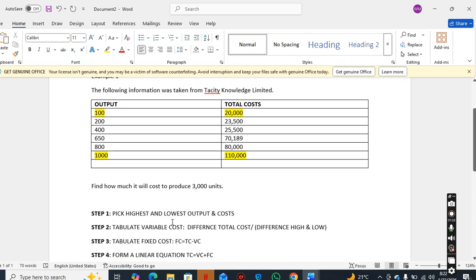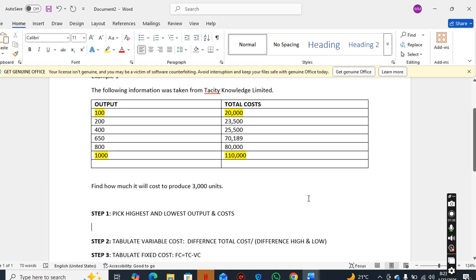Step 2, we need to tabulate our variable cost. This is the formula we use.